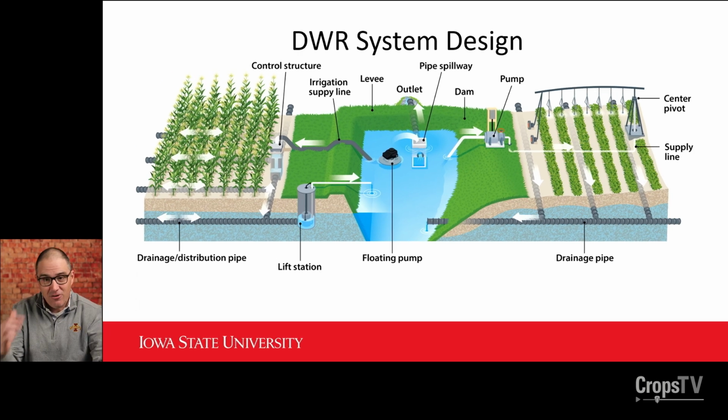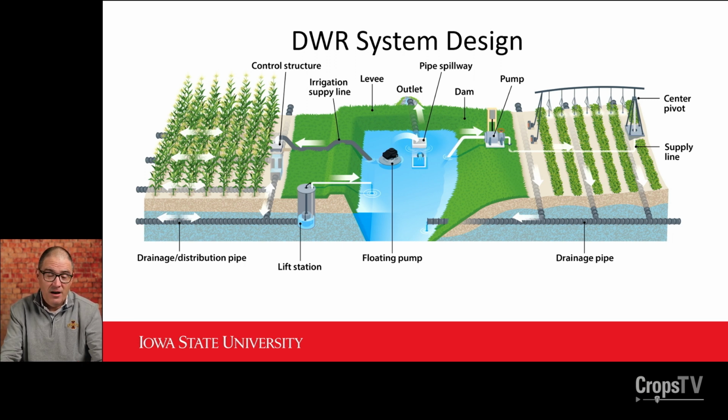Okay, now the next edge of field practice, and a way that we can think about balancing drainage, nitrate loss, and the economic factors, would be what we would term drainage water recycling, so a DWR system.